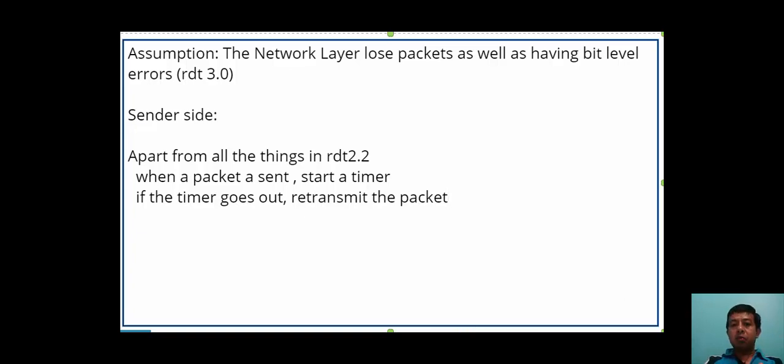So this protocol, which we call reliable data transfer protocol, this mechanism of acknowledgement and retransmission is inherently built in TCP. So if you have understood this, you have understood the main task of TCP, how to ensure reliability.